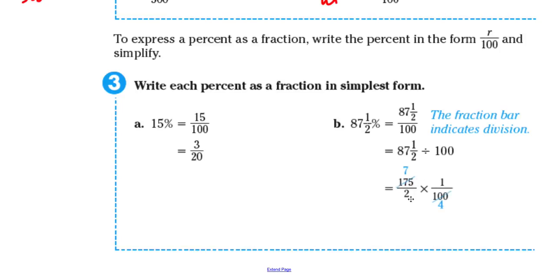So this now becomes 17 over 2, which is the improper fraction of 8.5, multiplied by the reciprocal of 100, which is 1 over 100. And you do some cross canceling. GCF is 25. 25 divided by 100 is 4. 25 divided by 175 is 7. So 87.5% is simply 7 over 8, because 7 times 1 is 7, 2 times 4 is 8.